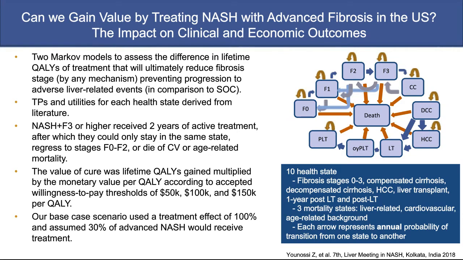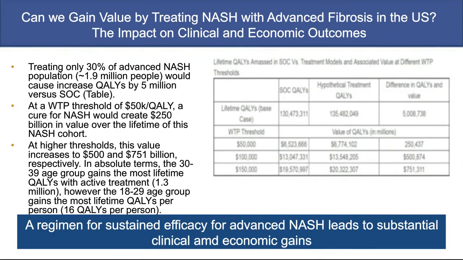When you look at this, by treating only 30% of the advanced NASH population, which is almost about 2 million people, you can actually gain about 5 million QALYs over the standard of care or not treating these patients. Even at a willingness-to-pay threshold of $50,000, this will save society about $250 billion over the lifetime of this NASH cohort.